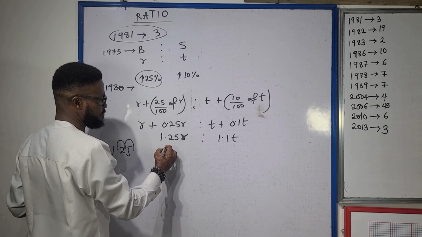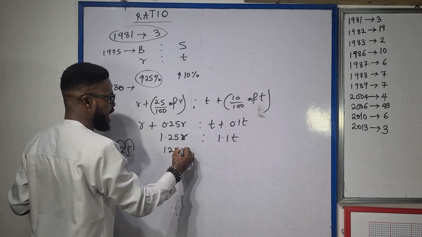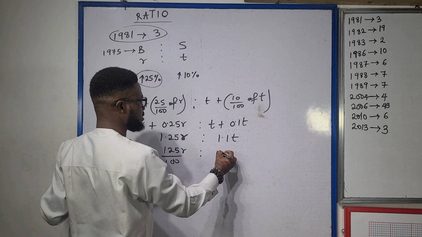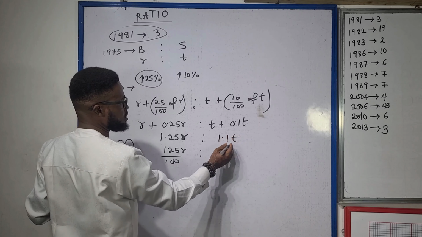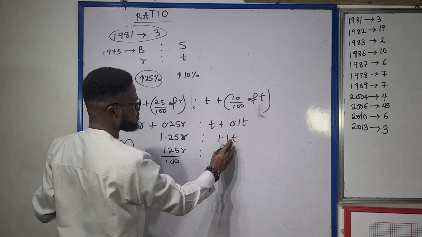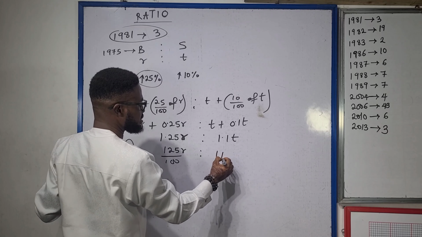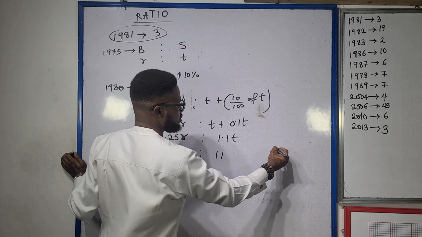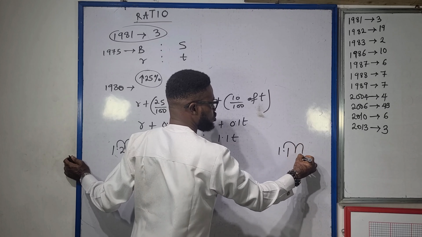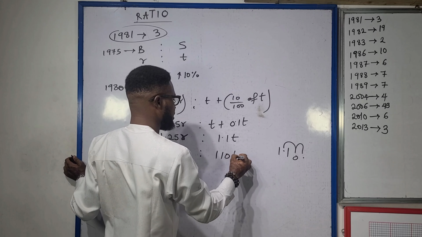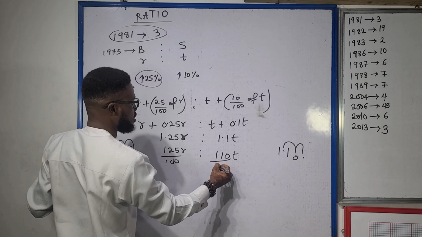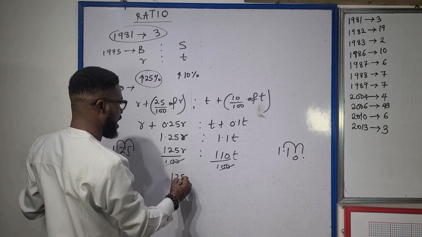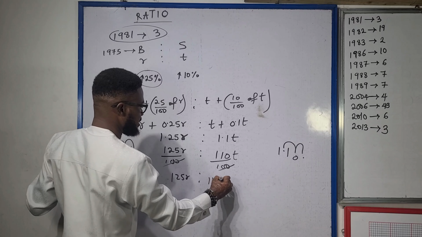So that's 125 R over 100, and this will mean 1.1 T. If I've moved this twice, then I should also move this twice. So 1.1 moved twice, that's 110 T over 100. 100 cancels 100, so I have 125 R ratio 110 T.